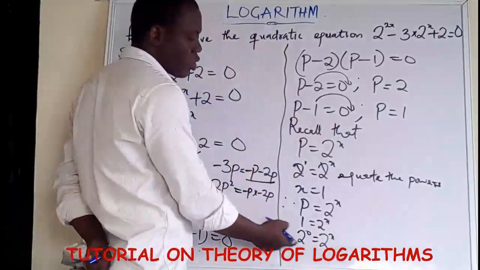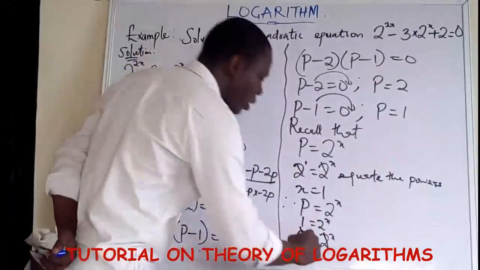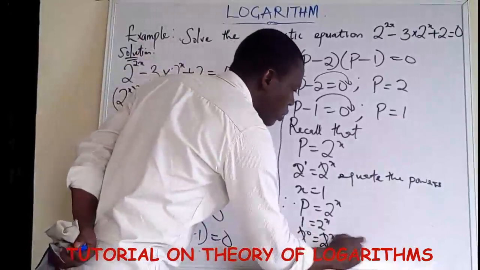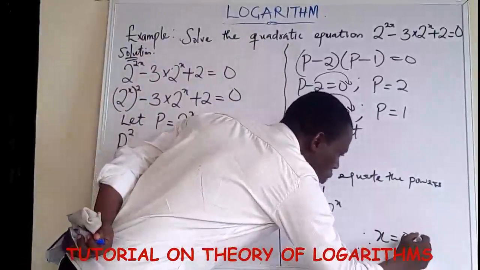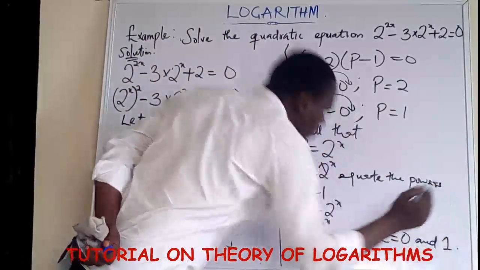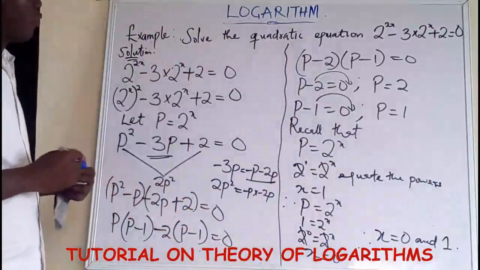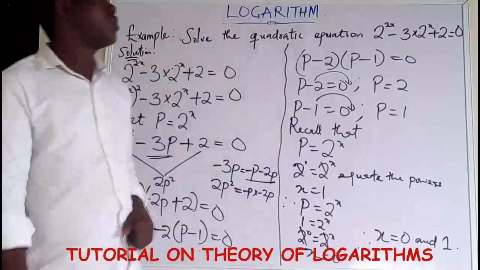But I have to use 2 raised to the power 0 because I have 2 raised to the power x. If I equate the indices now, x equals 0. Therefore, we have two values for x: x equals 0 and 1. Those are the two values of x for this particular equation to be equal to 0.